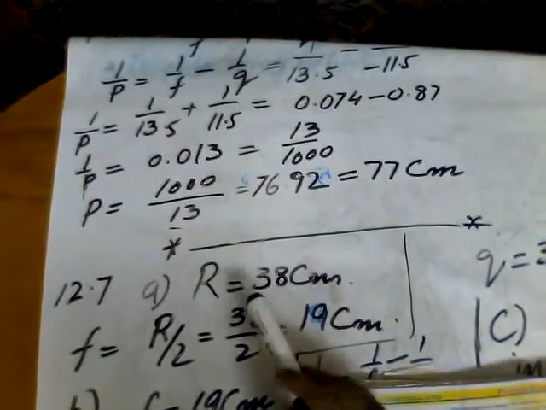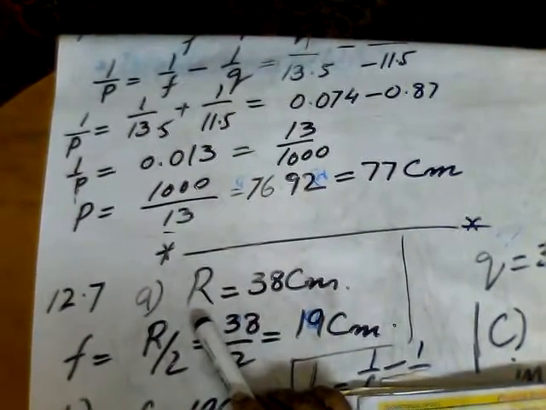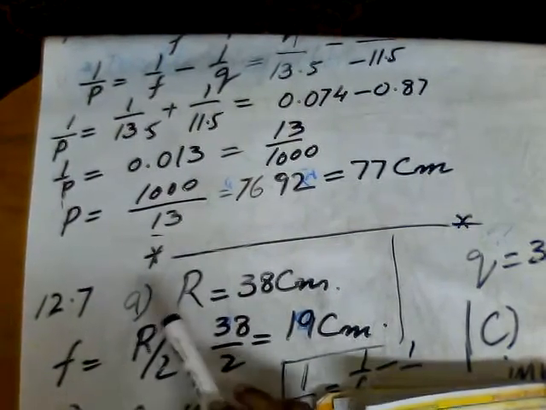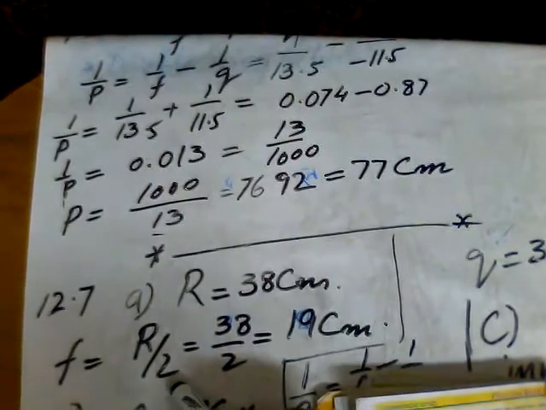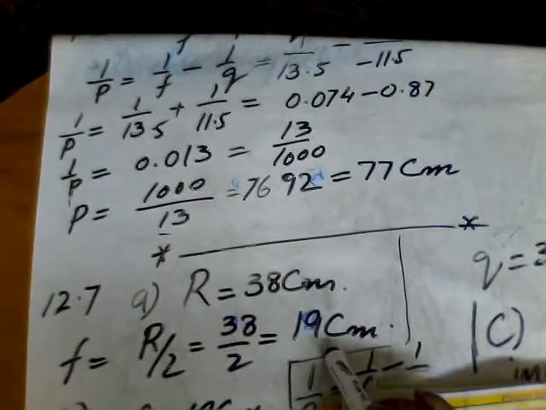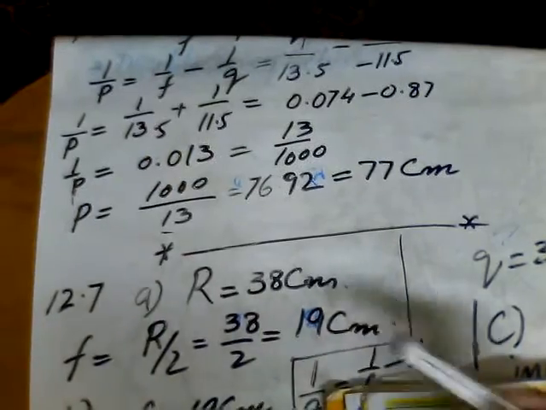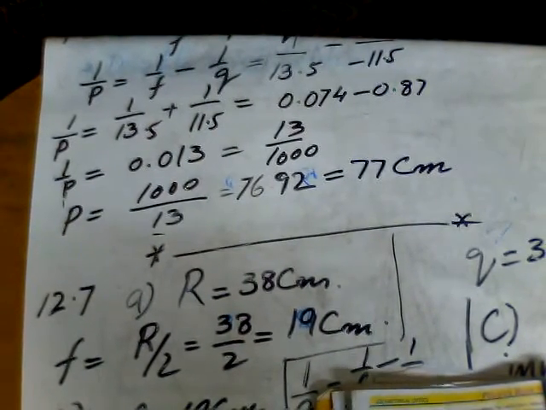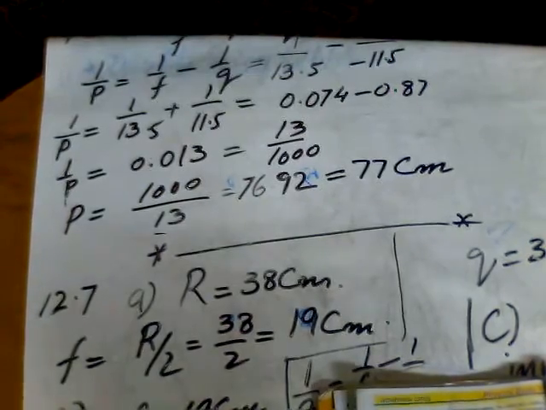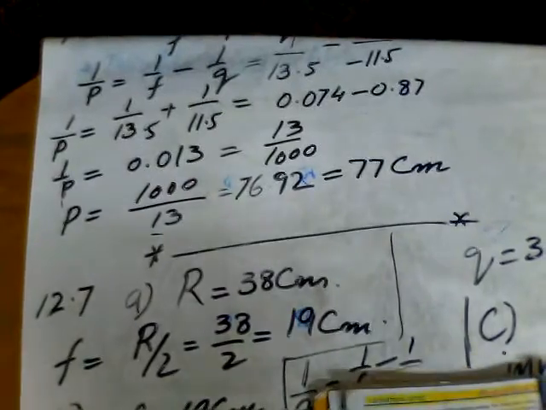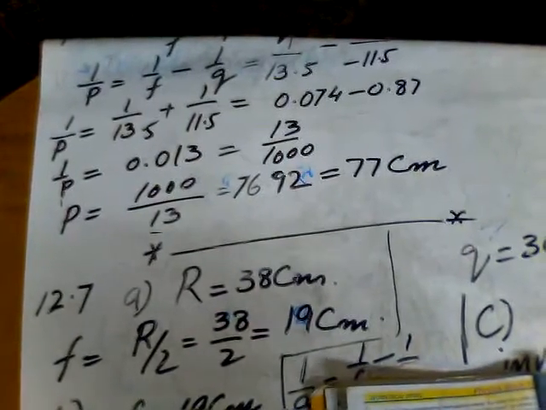Radius of curvature is represented by the capital R, and the focal length is equal to the radius of curvature divided by 2, half of the radius of curvature. 38 divided by 2 is equal to 19. What is the focal length of the mirror? This was part A. In part A, we found that the focal length is 19 centimeters.